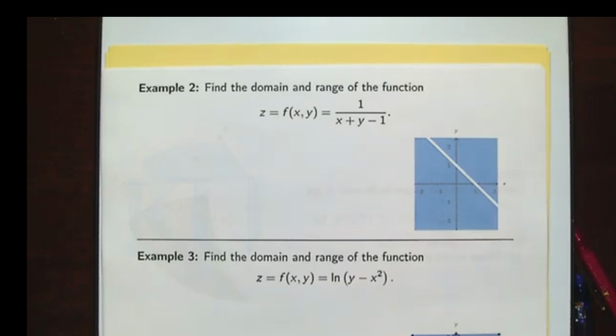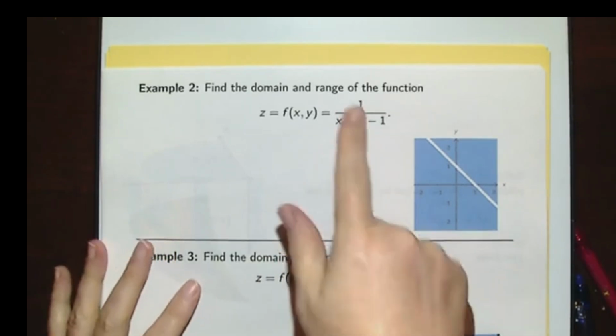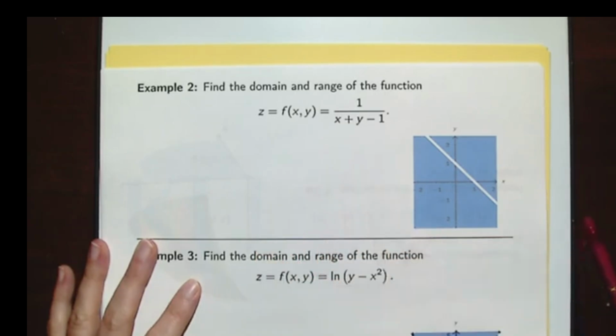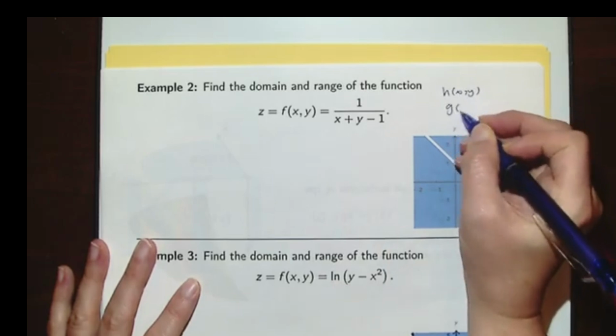Okay, can I start again? Ready? Let's start back again. With that story that I told you, is this a composite function also? What is h of x and y? What is g of x?